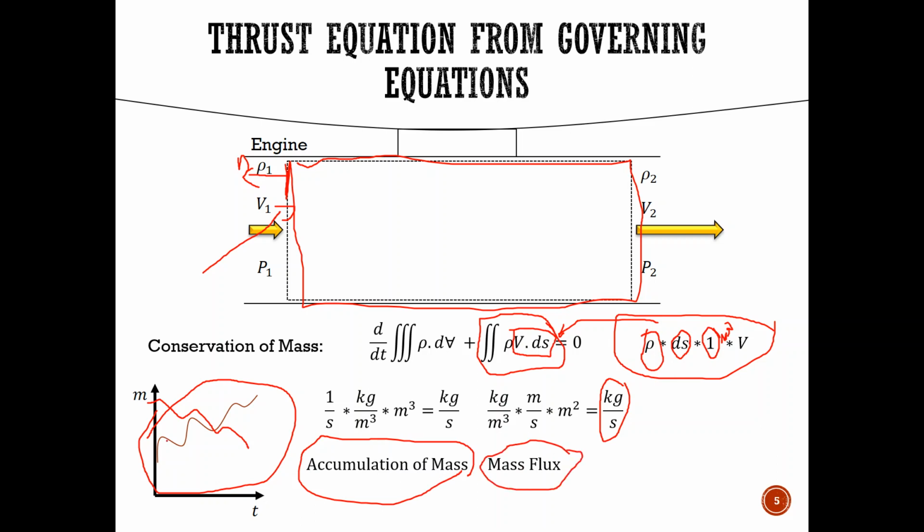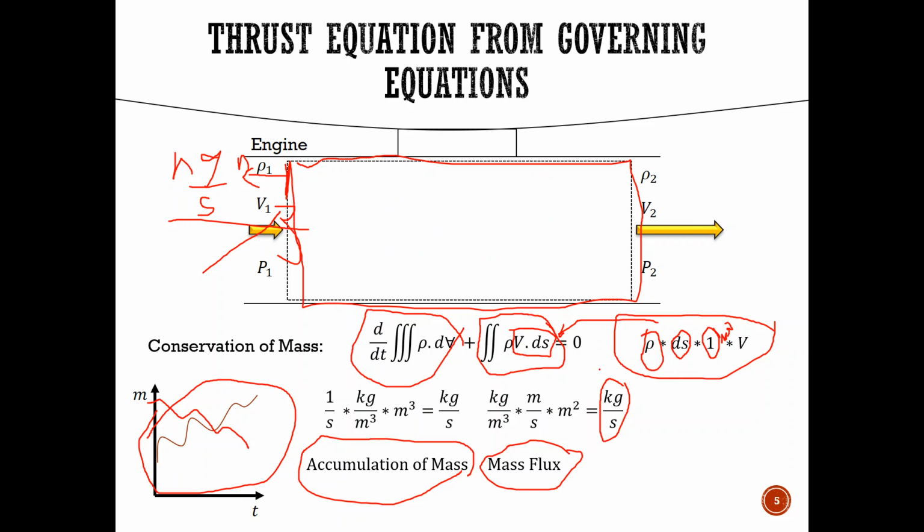If there is an accumulation of mass, there has to be a mass flux component, which means the mass flow rate entering will not be the same as the mass flow rate exiting, unless the d by dt term is zero. If it is non-zero, you will have either mass accumulation or mass removal.